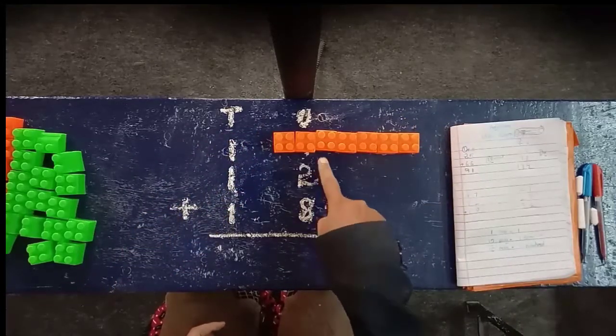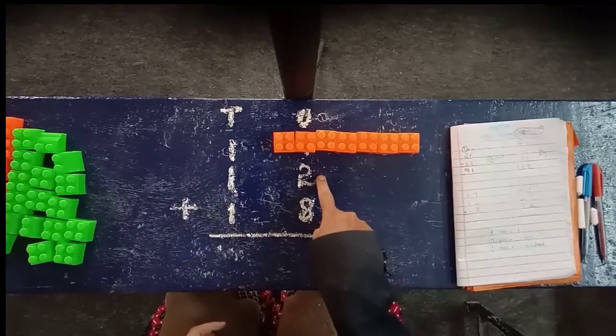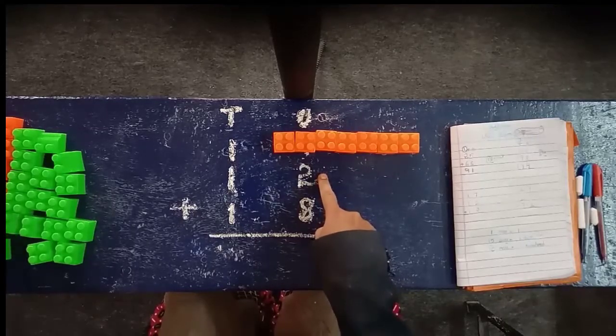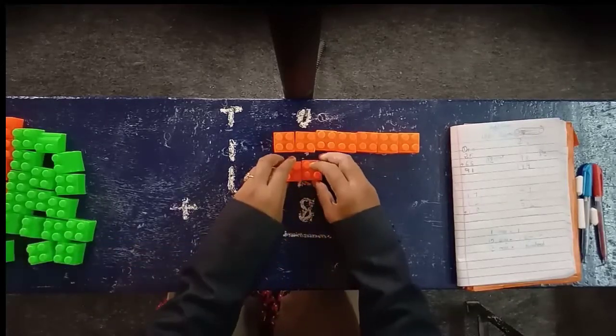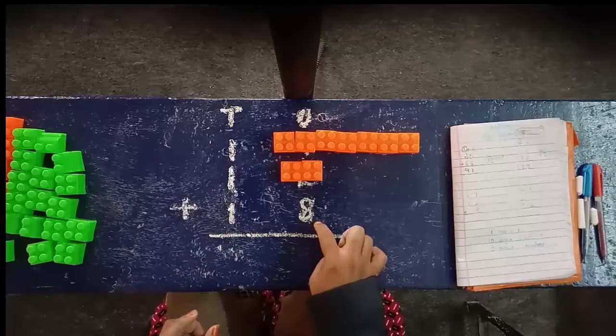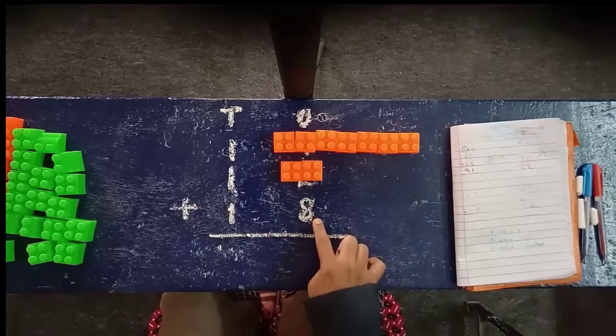Now the second number's ones digit is 2, children. Let me arrange the 2 here. Come on. The third number's ones digit is 8.